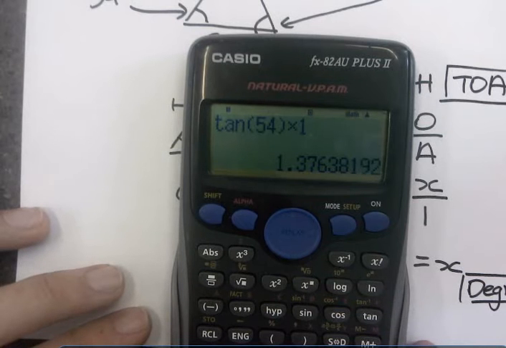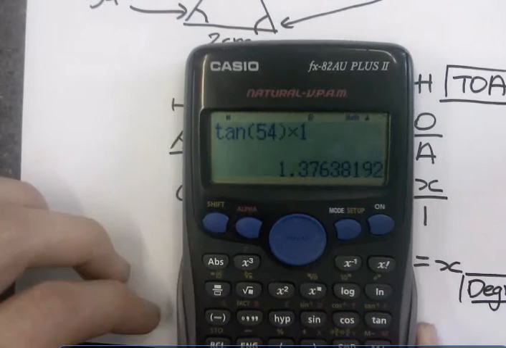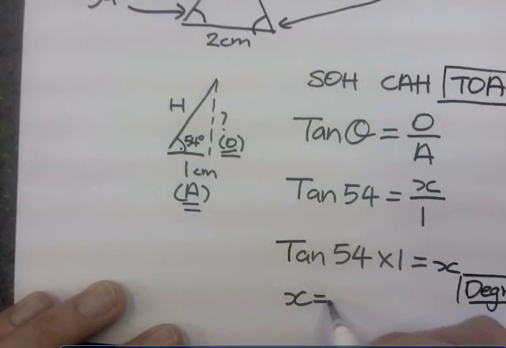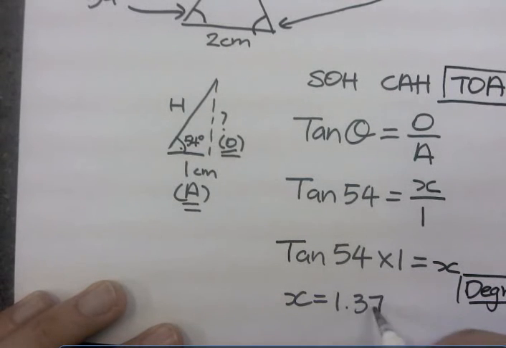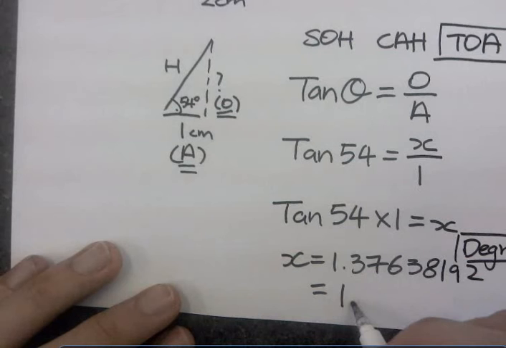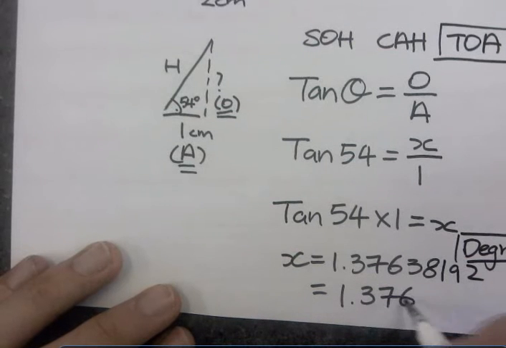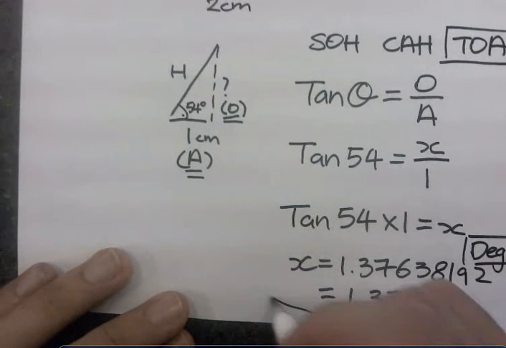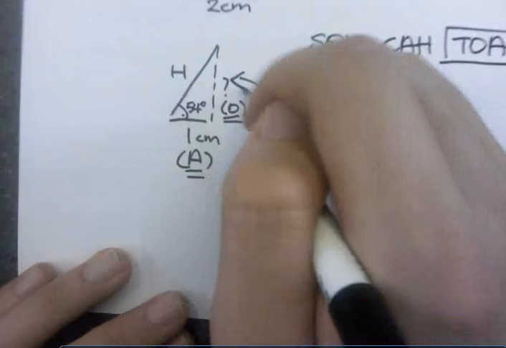I'm just going to write x equals 1.376, rounded, and the unit will be centimeters. So that's what you would find to be the height of the triangle.